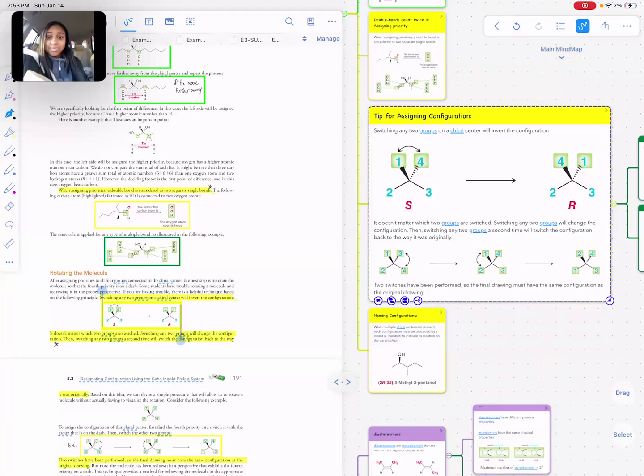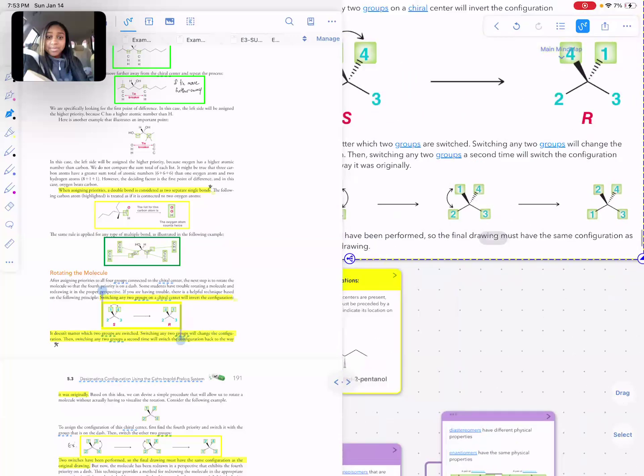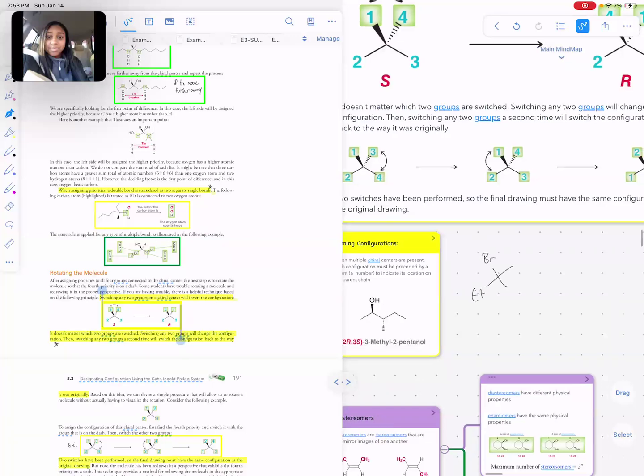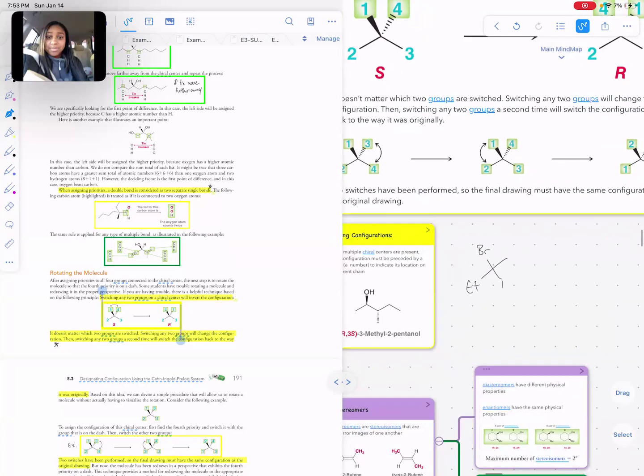It doesn't matter. Dash doesn't mean left or right. It means pointing away. So it doesn't matter if you did this the opposite way. Like in this case, let's say we're doing this same example, so we had Br, we had ethyl, we had hydrogen, and let's draw this such that I'm showing stereochemistry.